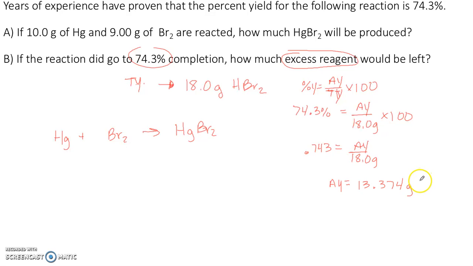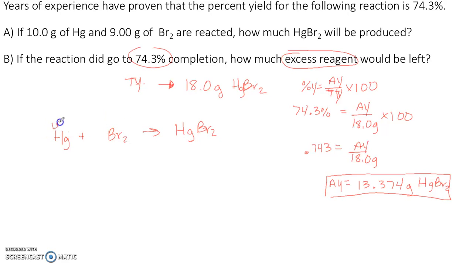So that's how much HgBr2 we will make if the reaction only goes to 74.3% completion. Remember, nothing is actually perfect and will go all the way through. So this is how much we did make, and then we have to go backwards. If we have 13.37 grams of HgBr2, how much of the excess reagent is left over?